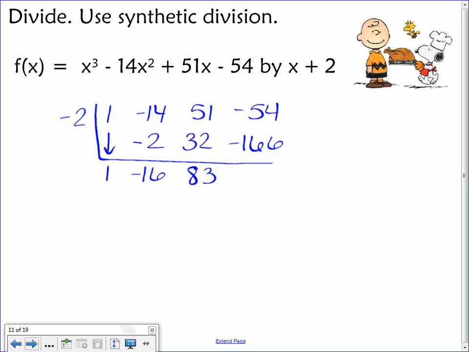And add. All right, so this one started x cubed. That means my answer starts with x squared minus 16x plus 83. Since there's another number over here after I finished all this, what's that mean? That's my remainder.